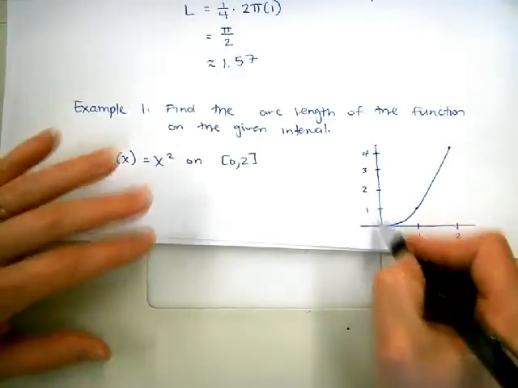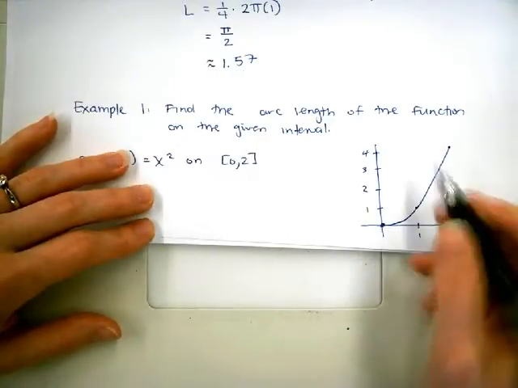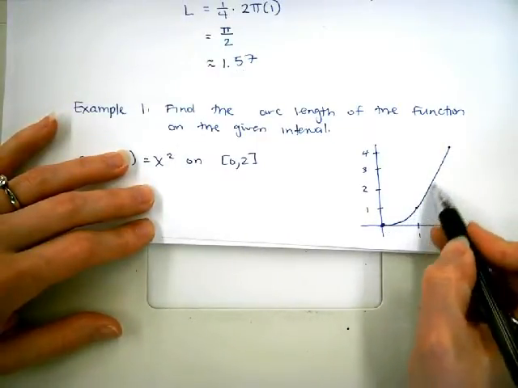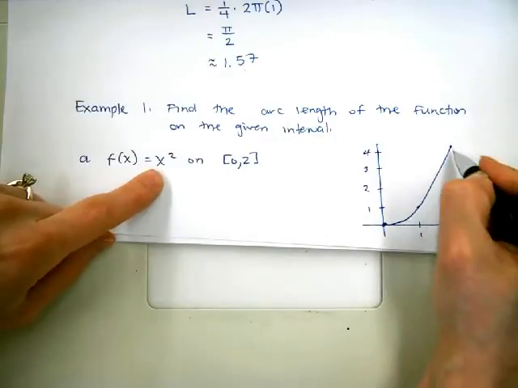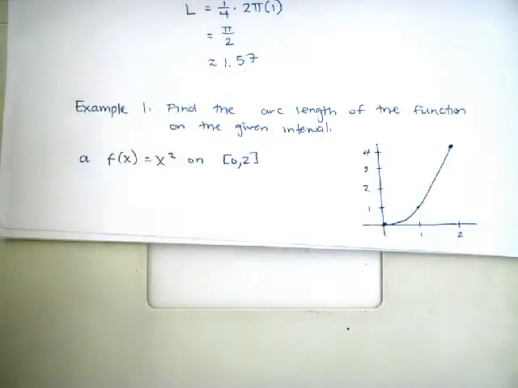So we're basically trying to find, if you were standing right here and you were to walk along this path based off of x squared to the end point, what distance would you end up walking? That's the arc length. Now, we could get an approximation for this arc length. Remember, that's how we started with finding areas, looking at approximations of the areas and then trying to put more and more things in there.